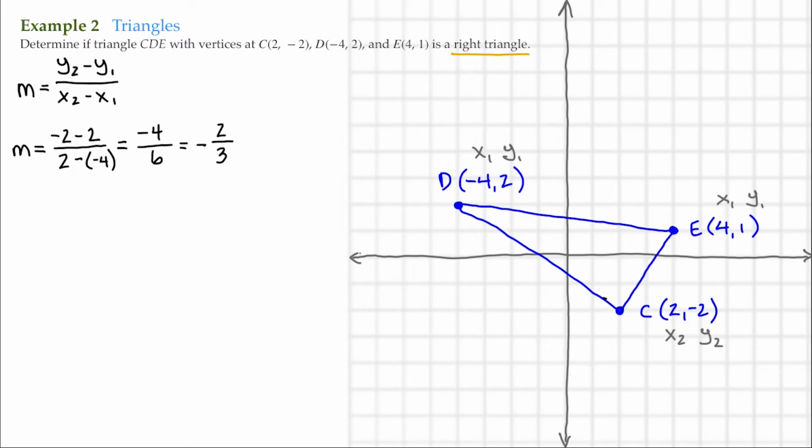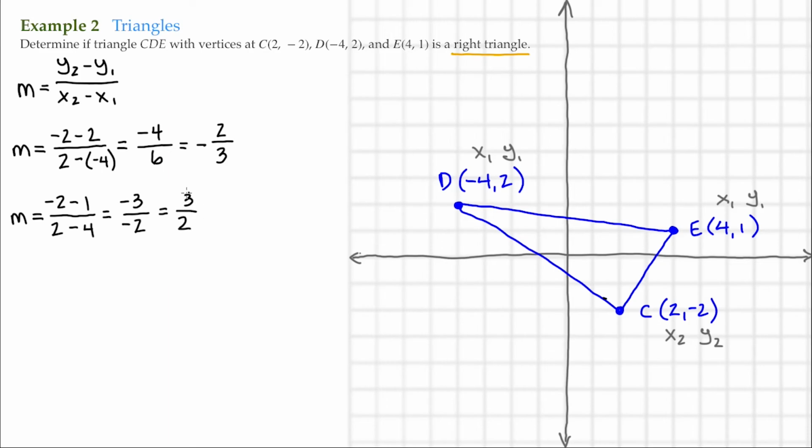So we'll do that. -2 minus 1 over 2 minus 4. Negative 2 minus 1, that's negative 3. And 2 minus 4, that's negative 2. So this comes out to be 3/2.